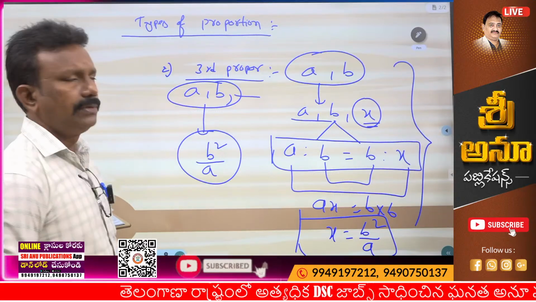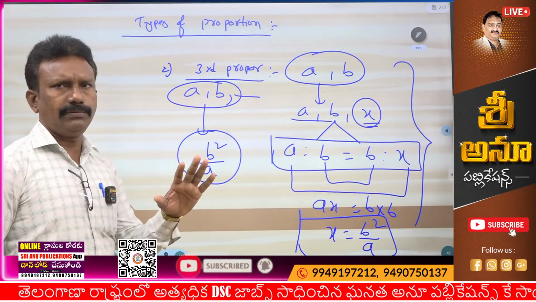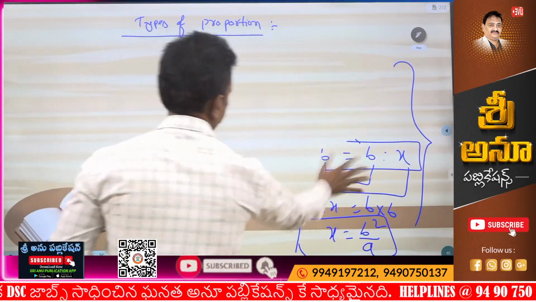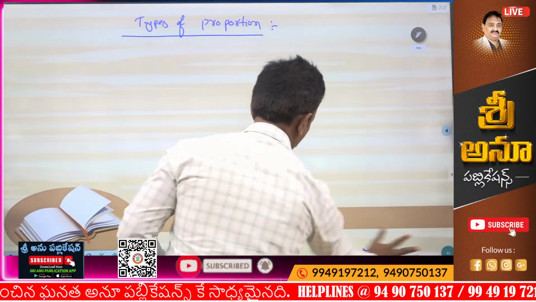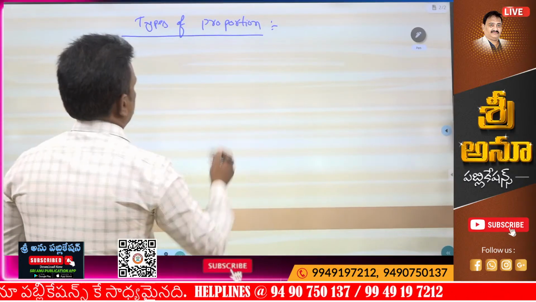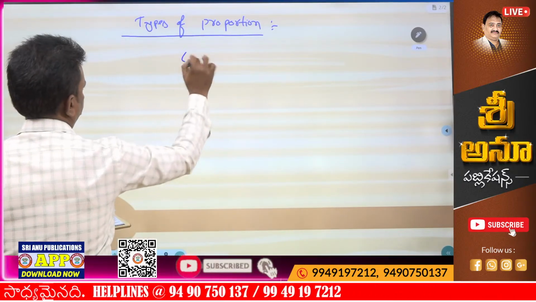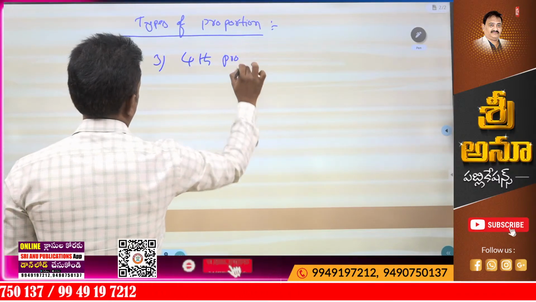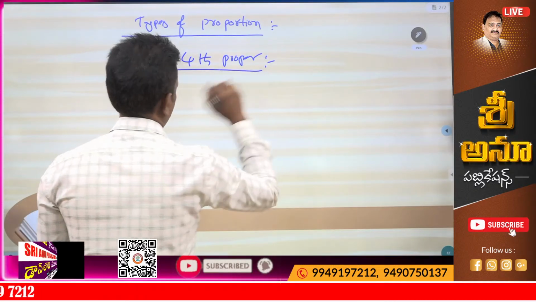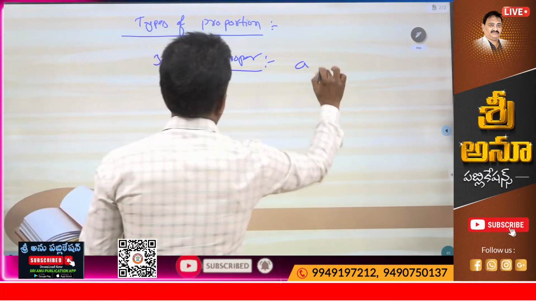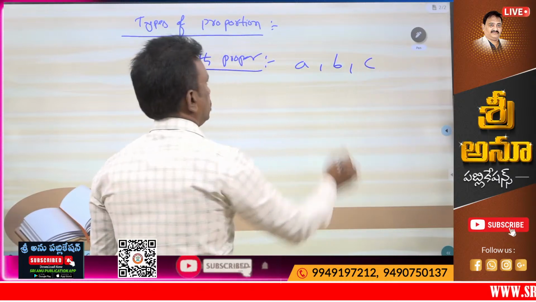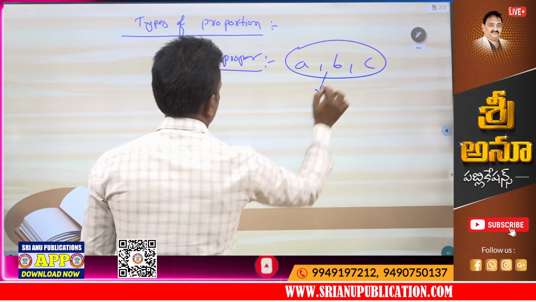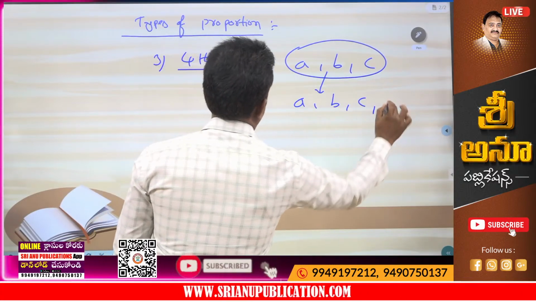The last one is fourth proportional, or fourth proportion of A, B, C. So in case of A, B, C, what is the fourth proportion of A, B, C? Let it be X.